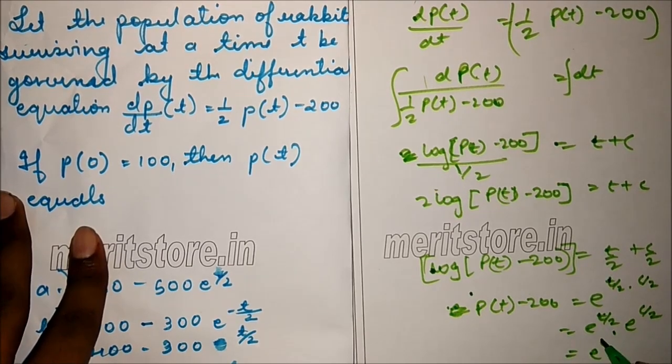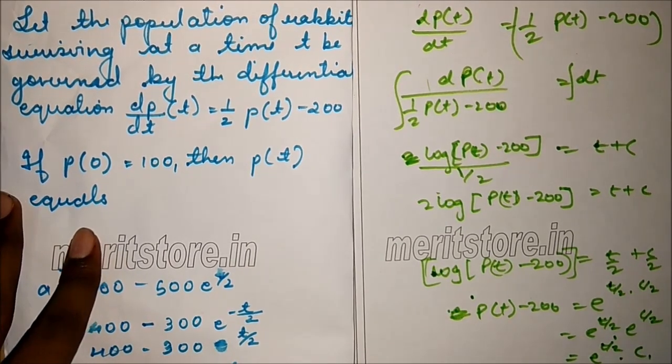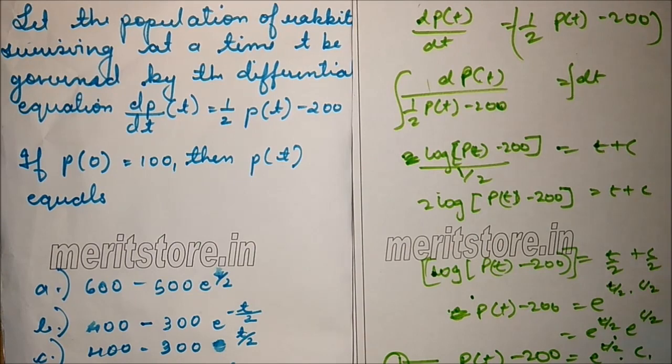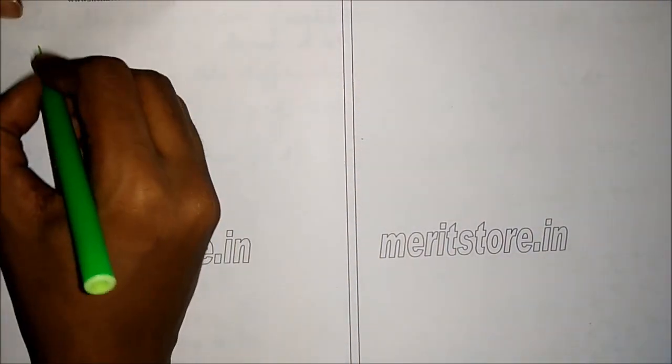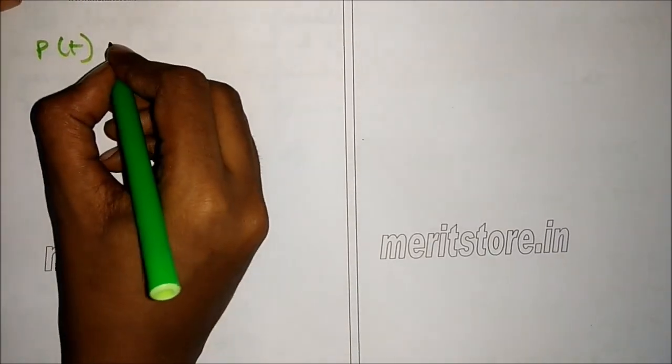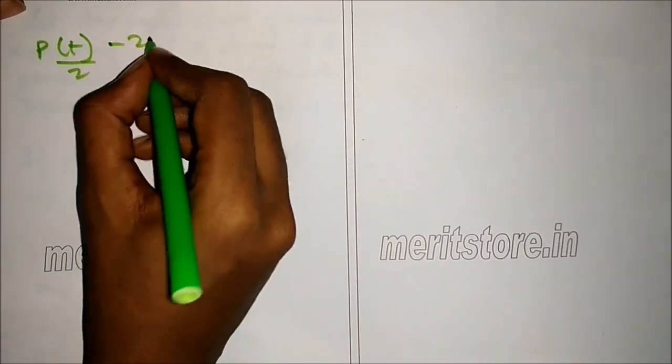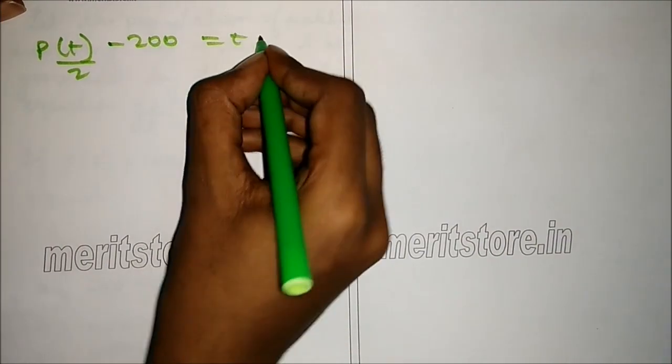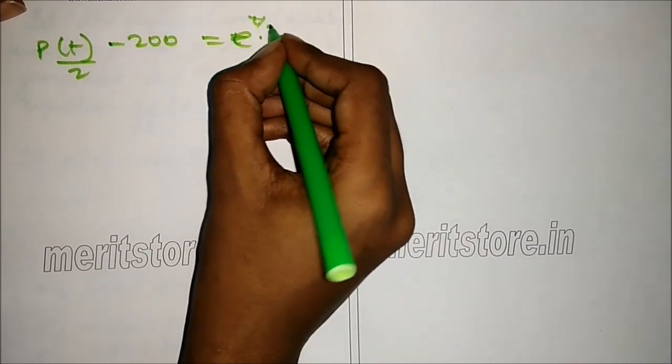So this will be e raised to t by 2 into c1, and this is p(t) minus 200. Now this is our general solution. So our general solution was p(t) minus 200 is equal to e raised to t by 2 into c1.